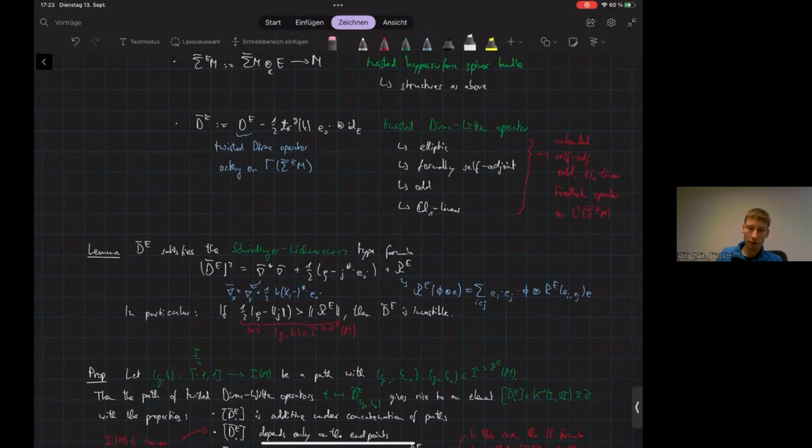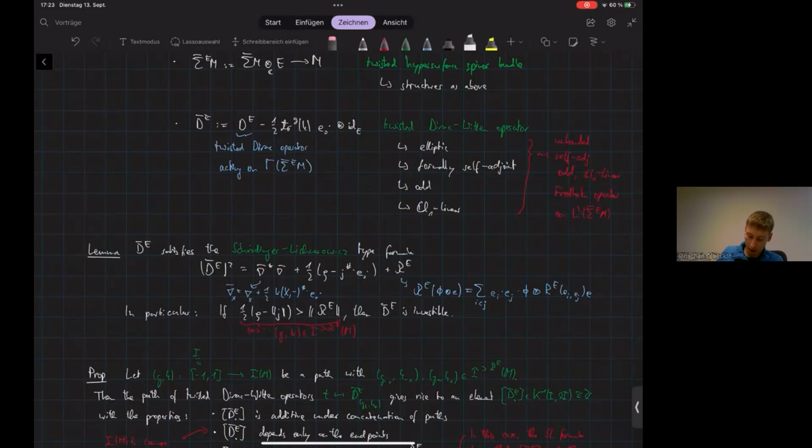But also here the conclusion holds that when we have the dominant energy condition satisfied in an even stricter sense, in the sense that it dominates this curvature term, then this twisted Dirac-Witten operator will be a positive operator and therefore invertible.